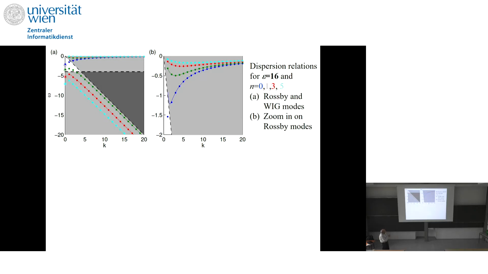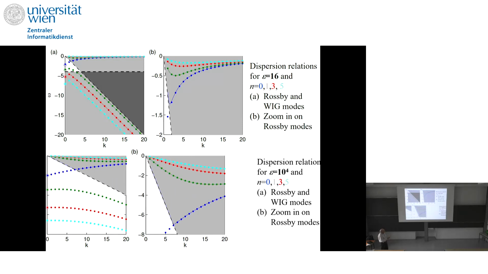This is a blow up of this region. In the rest of the region, you have lots of inertial gravity waves. This is where things begin to be a little messy, but you see that this blue line can cross it at one particular point. This is the omega equals minus k curve.